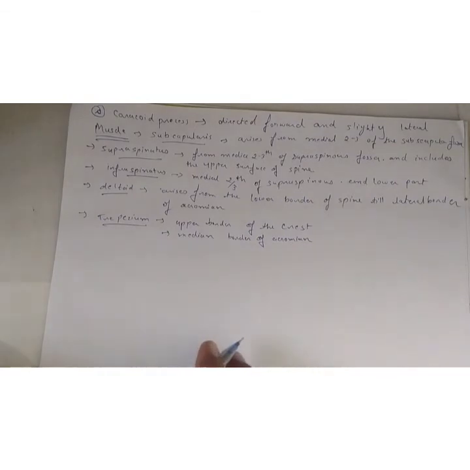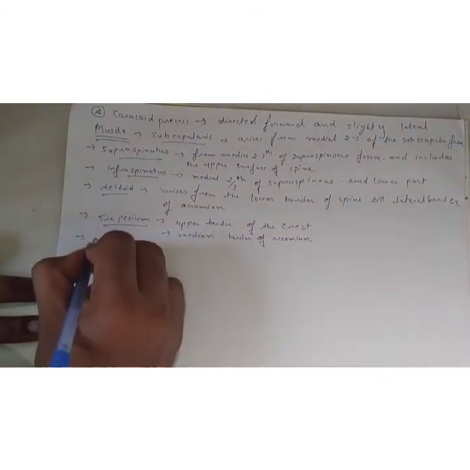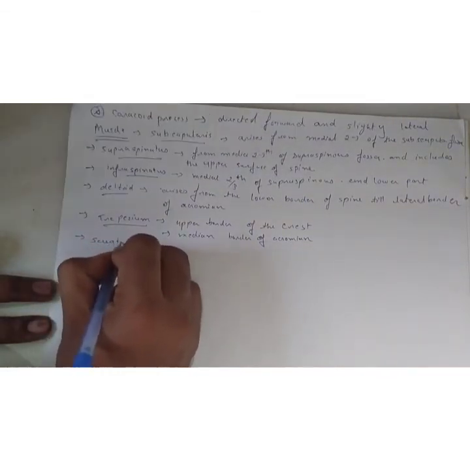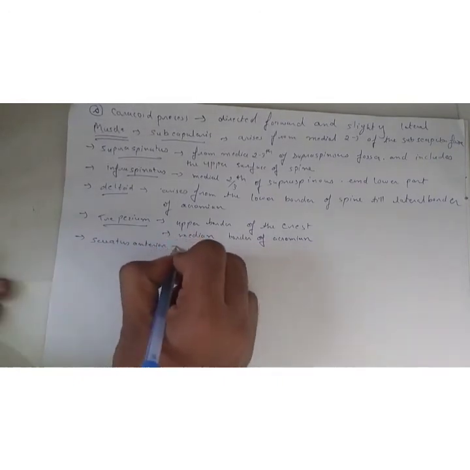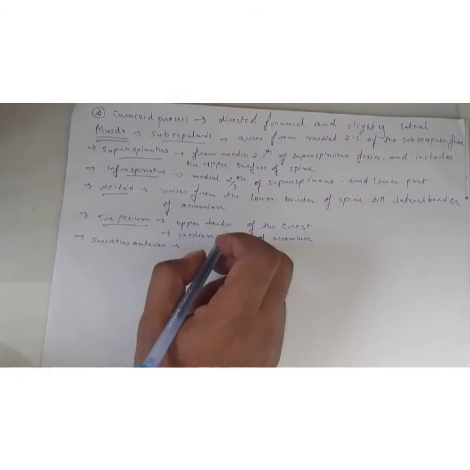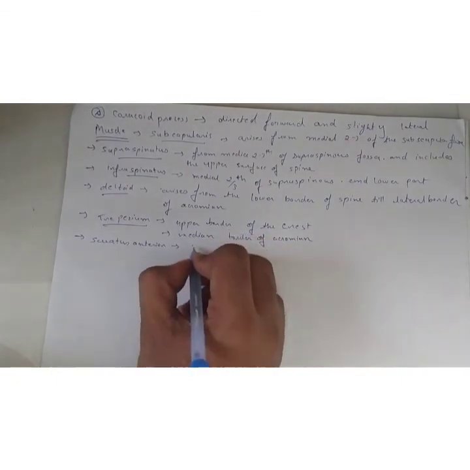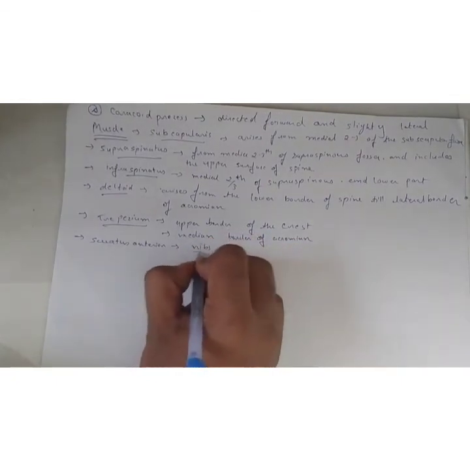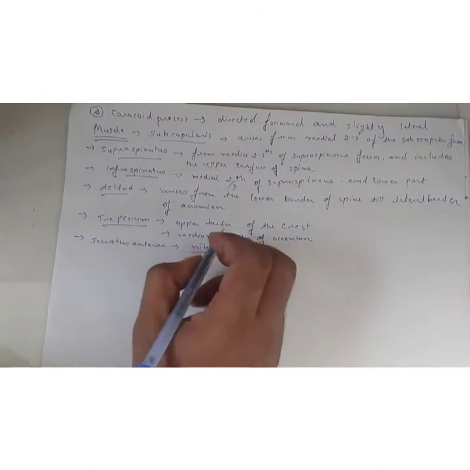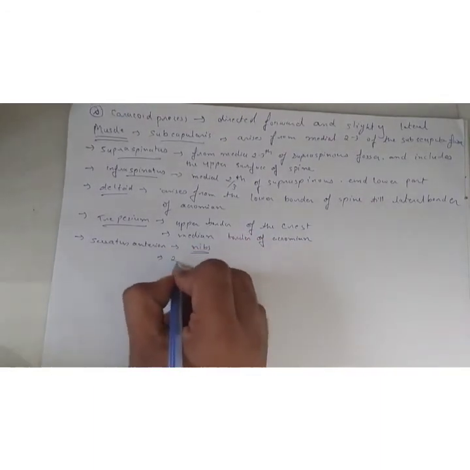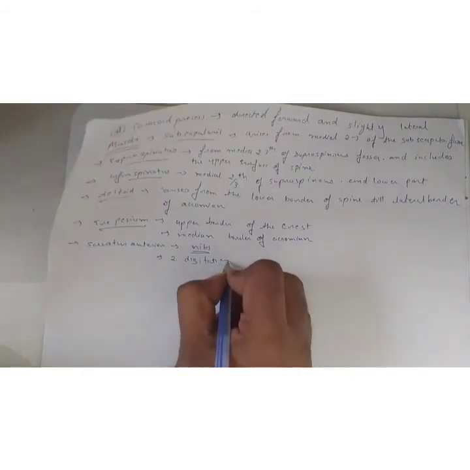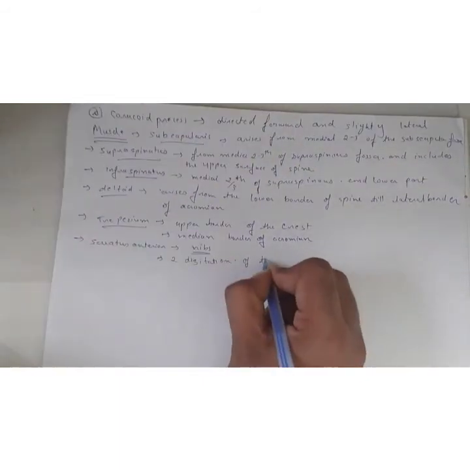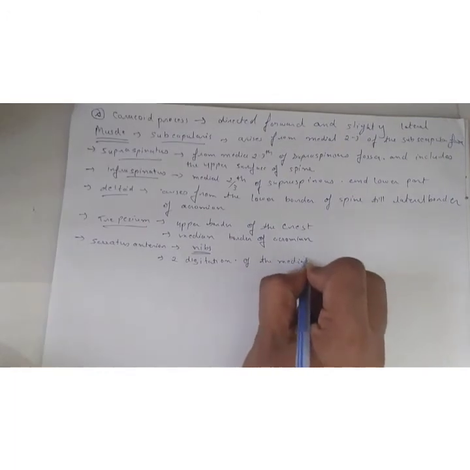Then comes serratus anterior. It is the lateral border to move in the ribs. Then it has two digitations of the medial border.